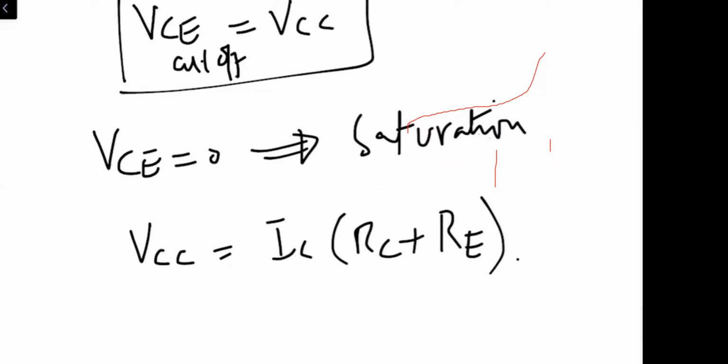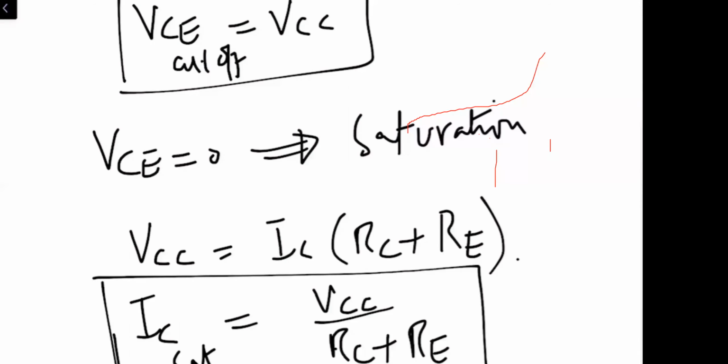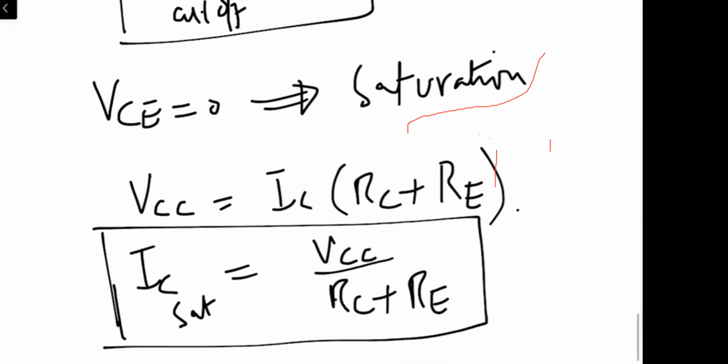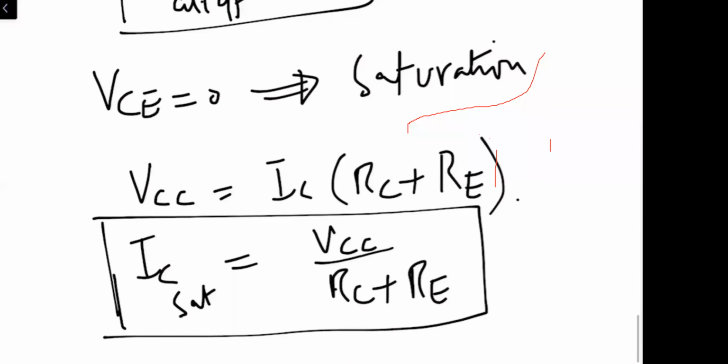This means IC is equal to VCC divided by RC plus RE. Here I will call IC as IC saturation, which is the maximum current flowing in this. These two values, VCE cutoff and IC saturation, provide us the two endpoints of the DC load line, right?